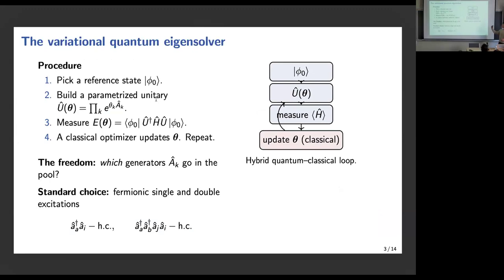Coming back to the unitary, it has a bunch of things that you can play around with. The first thing, of course, is the generators that go into the unitary. The generators that people employ in the standard case are fermionic single and double excitation operators.